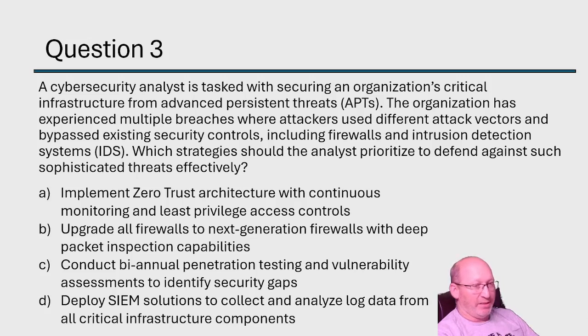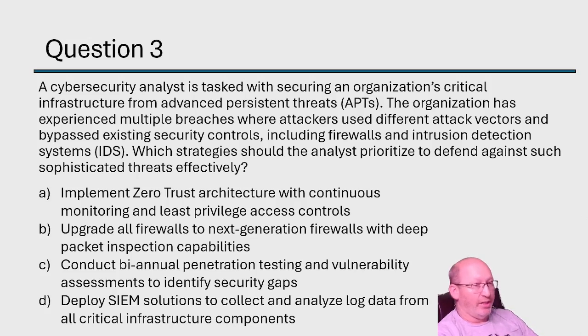And then let's go down to D. Deploy SIEM solutions to collect and analyze log data from all critical infrastructure components. I like D. I really do. D is a really good one. And it's a good way of looking at logs and looking at what's going on. Do I like it better than C? Conduct biannual penetration vulnerability assessments to identify security gaps.